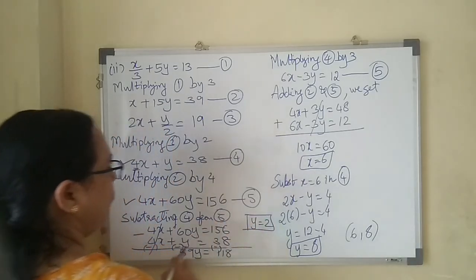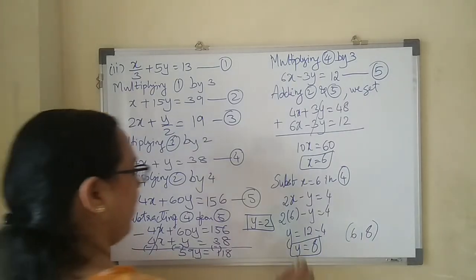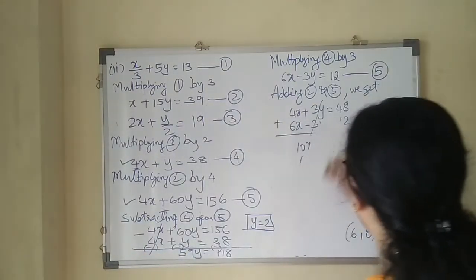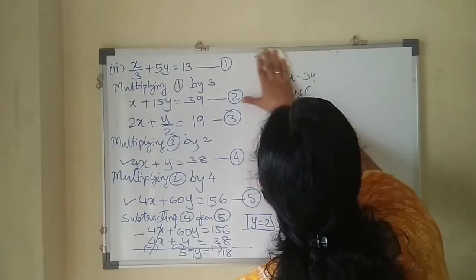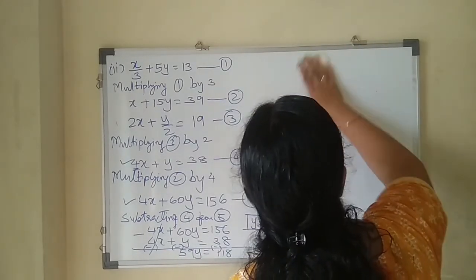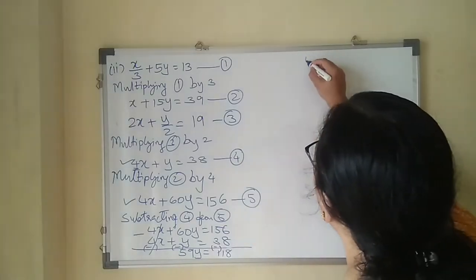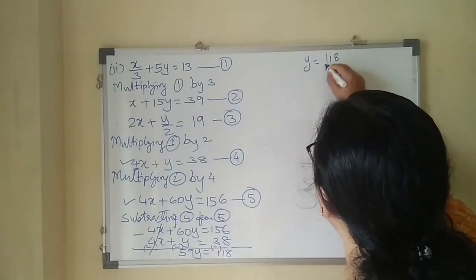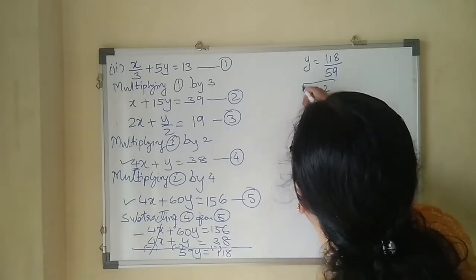Once you get y, can you find x? Yes. Come on, complete fast. Start writing and complete the sum quickly. So y equals 118 divided by 59. So y equals 2.